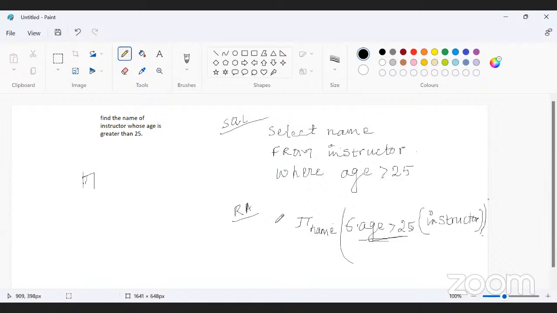First, let me ask you, do you know about this operator, or shall we discuss it in depth?